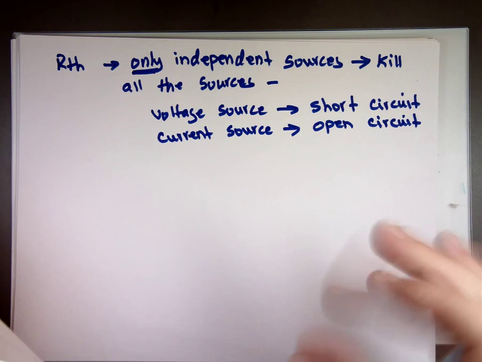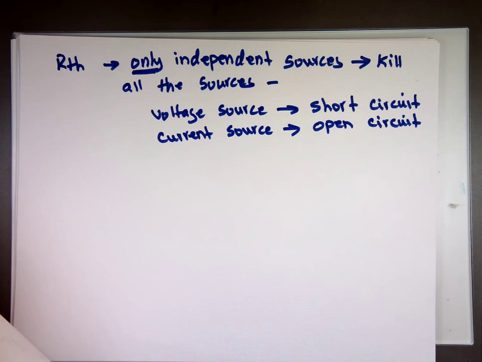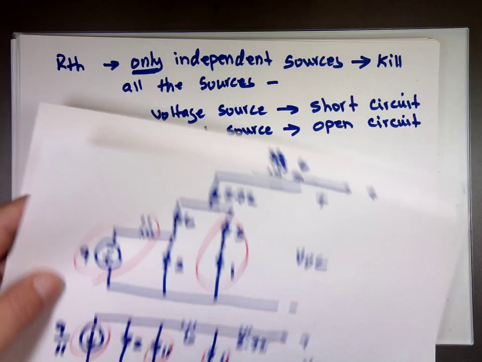The way you kill the sources, if it's a voltage source, you make it a short circuit. If it's a current source, you make it an open circuit. And you could have both of them there. So you kill them all. In this case, there's only one source.